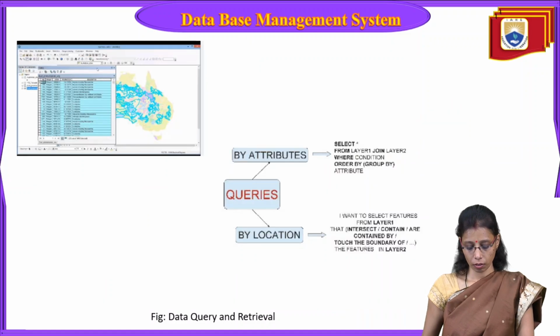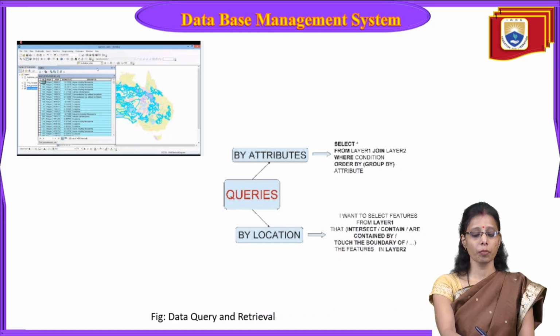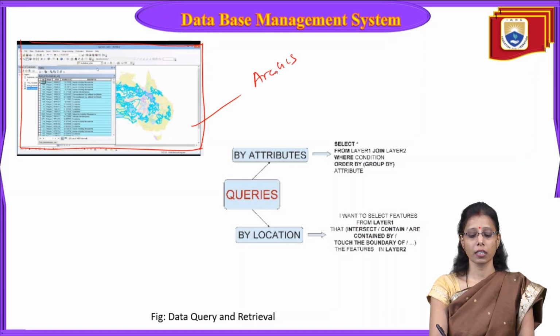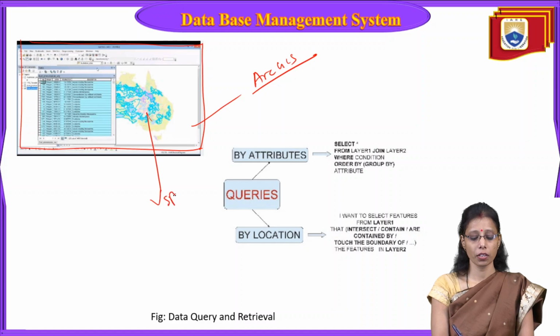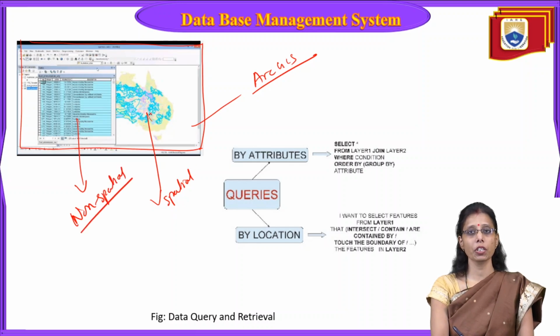Okay, now this is one more type of query we do in GIS. This is the GIS software we discussed in the previous lectures, called ArcGIS. In this ArcGIS, you can see this is spatial and this is non-spatial. The non-spatial part has the information; you can see here it has information of the polygon.